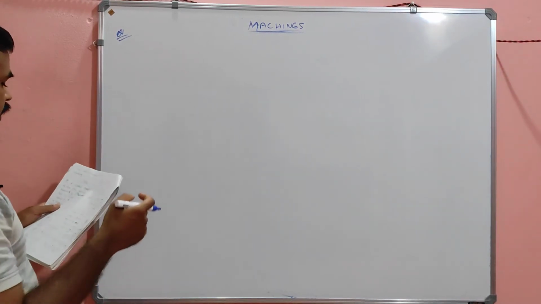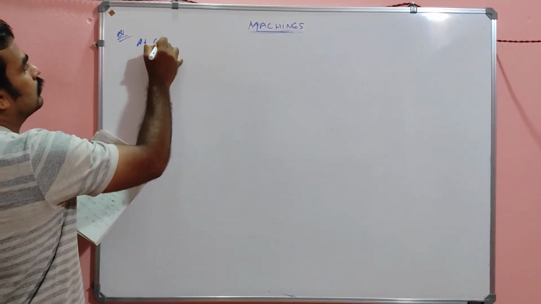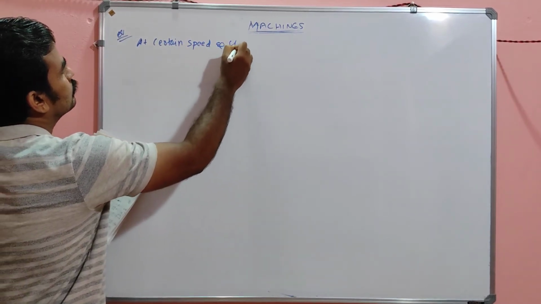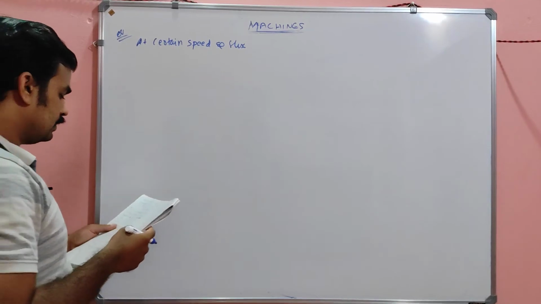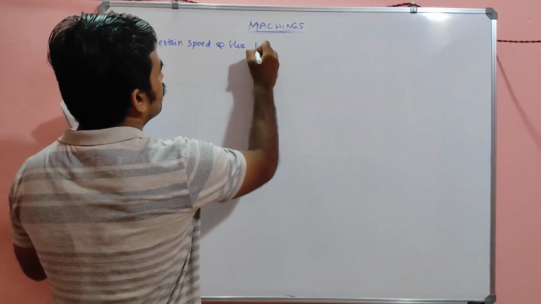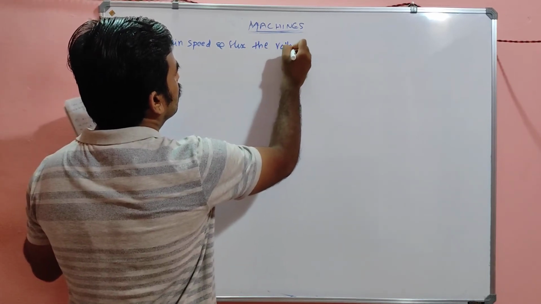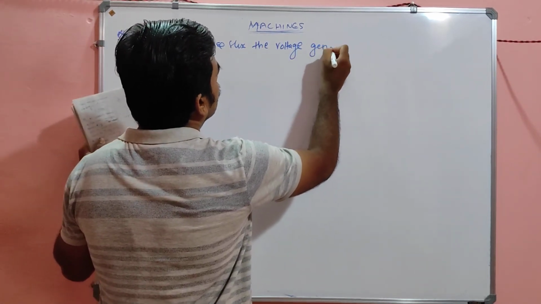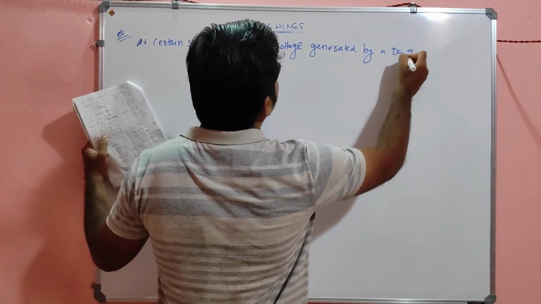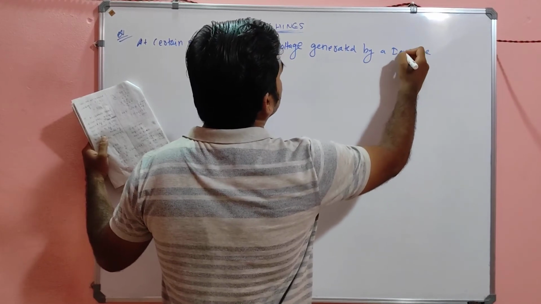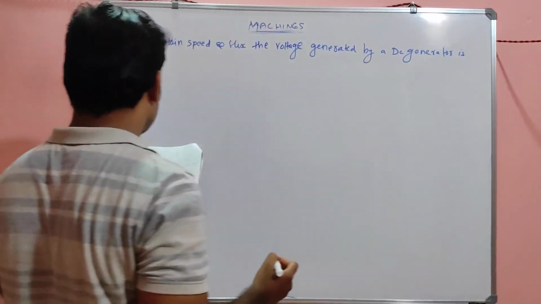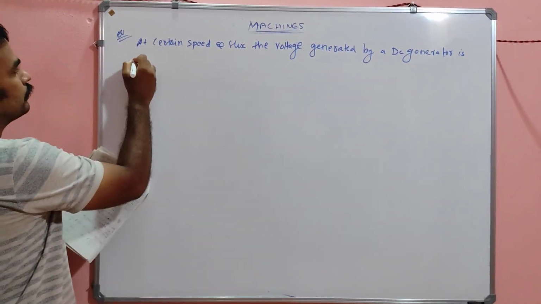At a certain speed and flux, the voltage generated by a DC generator is 230 volt.